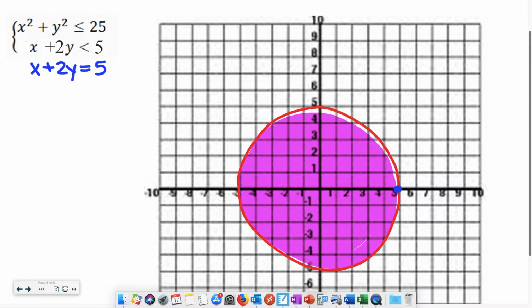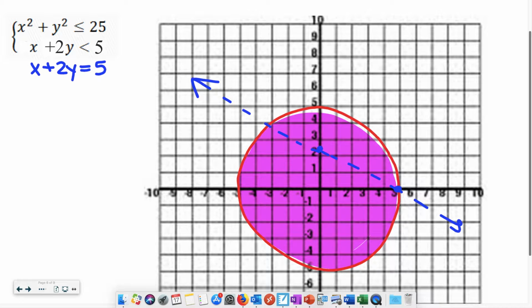If I plug 0 in for x, what's our y-intercept? 5 back. There. It has to be a dotted line because of the strict inequality.